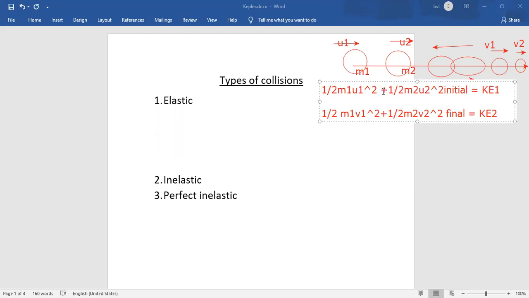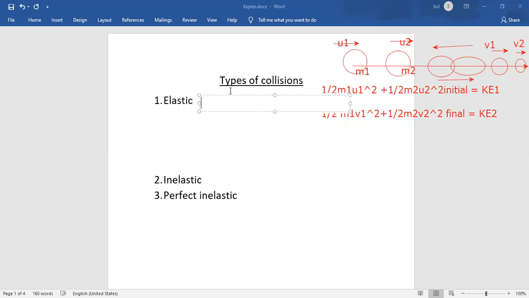Here we have two important points: whether the total kinetic energy before the collision, before they strike, is equal to the kinetic energy after the collision or not. Based on this only we will classify these three types.